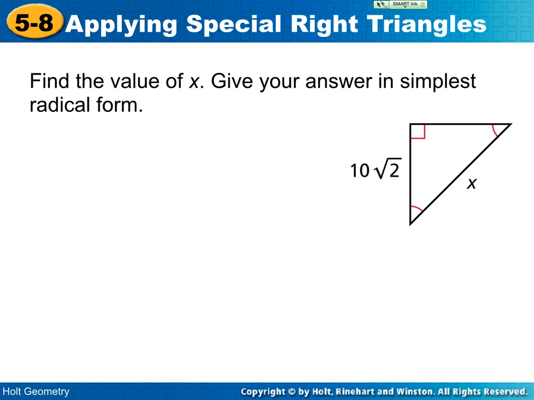Okay, well, what are the two legs? 10 square root of 2 and 10 times the square root of 2. So then what do you multiply that by to get the hypotenuse? The pattern says you take whatever the leg is times the square root of 2 to get the hypotenuse. So you need to multiply 10 square roots of 2 times square root of 2. And we can simplify. Write that down and just simplify.